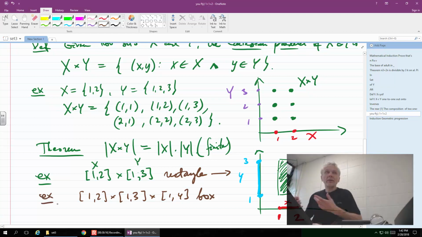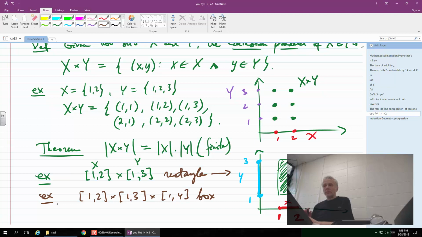So you can see it is a very important operation. You can build so many things by taking Cartesian products. So intervals, closed or open, will give you rectangles, give you boxes, as well as high dimensional spaces. So that's the thing about set theory. We're not limited to any dimension in particular or visible.